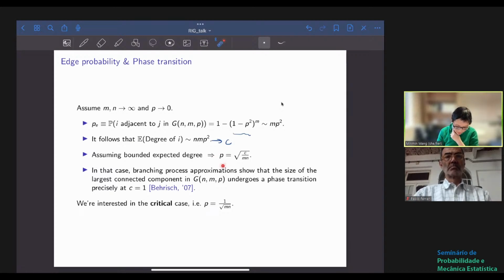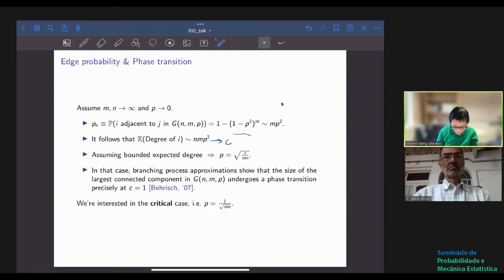I'm going to fix this type of p from now on. Now I can increase the value of this constant c and try to understand the behavior of the graph.